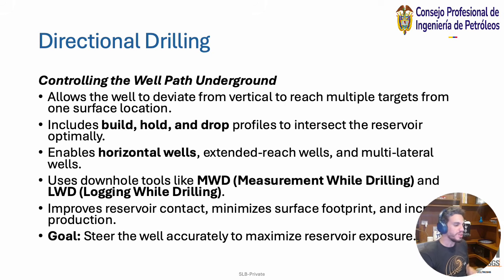So now with this technology advance you can build these multilateral wells and extended reach wells, which are basically spiders, or they look like caterpillars under the ground. And the objective is to increase that surface area, to increase production, and to maximize your return and maximize your exposure to the reservoir, right?